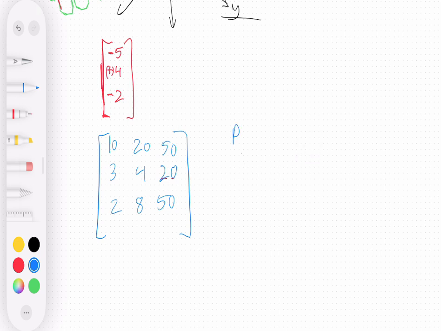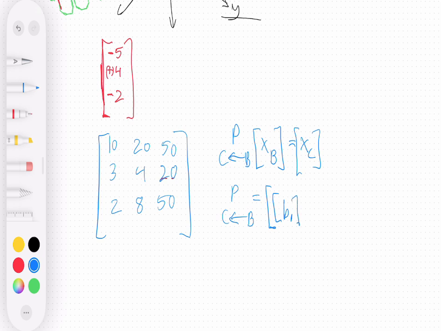To get P of basis C from basis B, we'll start with a formula like this, and what that says is that this change of basis matrix is going to take the representation in its own basis of all the vectors from the old matrix.